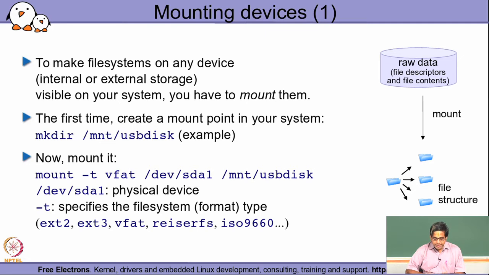So, once I mount it, I will now typically do a change directory into this particular mount point. So, I will say cd /mnt/usb disk, and whatever data was actually available in this particular raw disk partition will now be available for me to access under this particular directory.